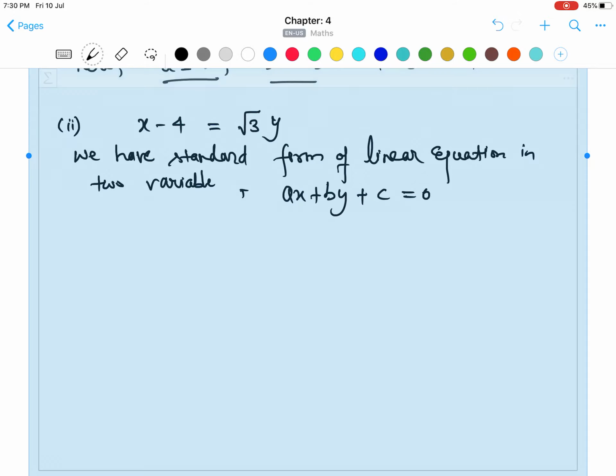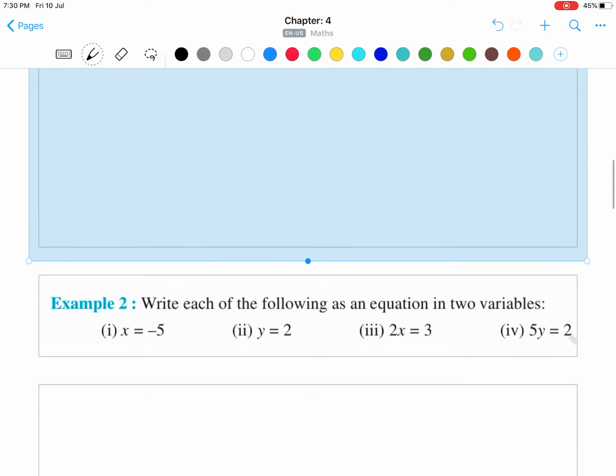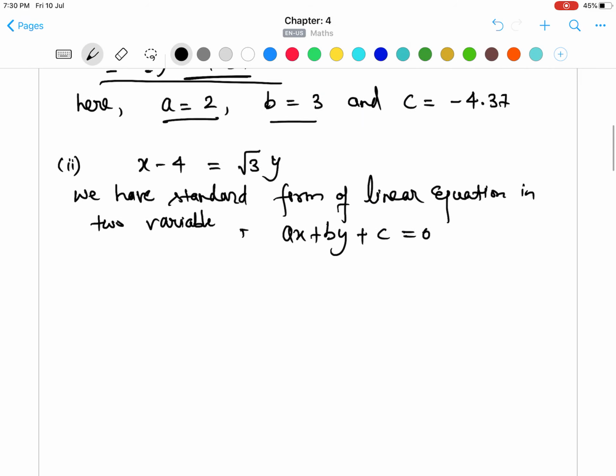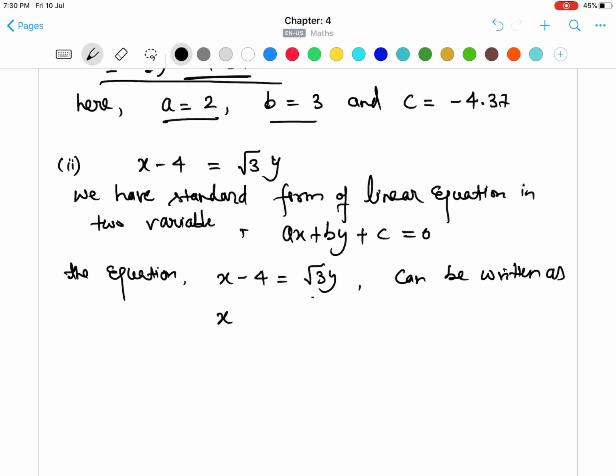Let me extend the area. Now we'll write the equation x minus 4 equals root 3y can be written as x, then we'll shift this plus root 3y onto the left hand side, so it will become minus root 3y, then we have minus 4 equal to 0.